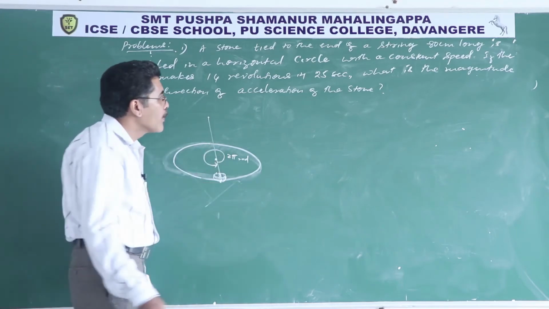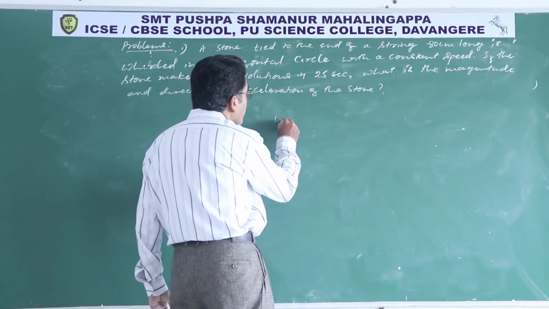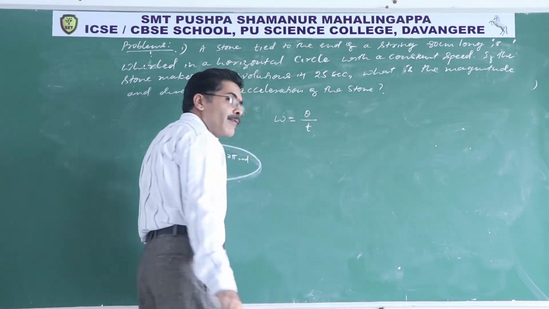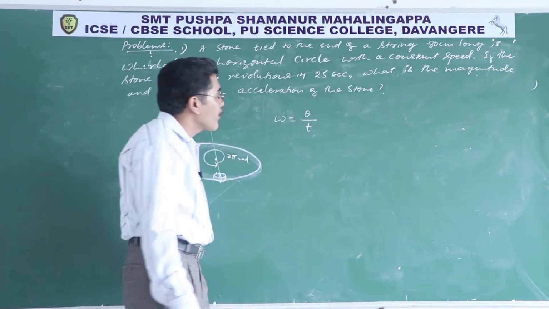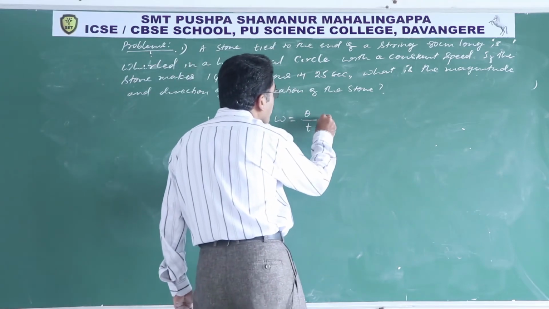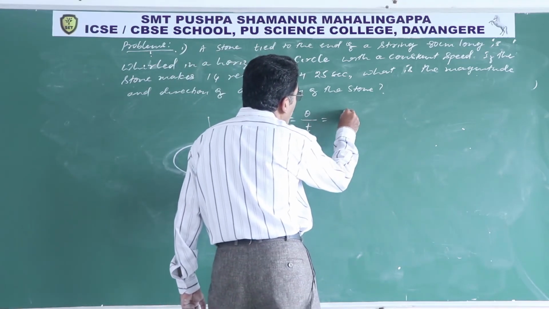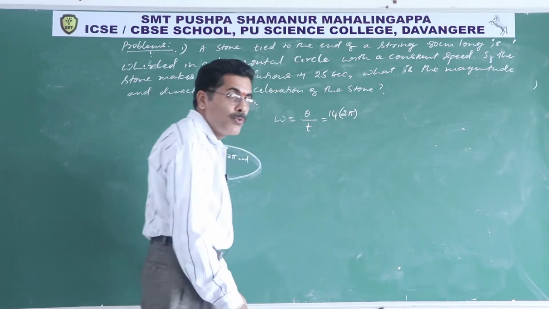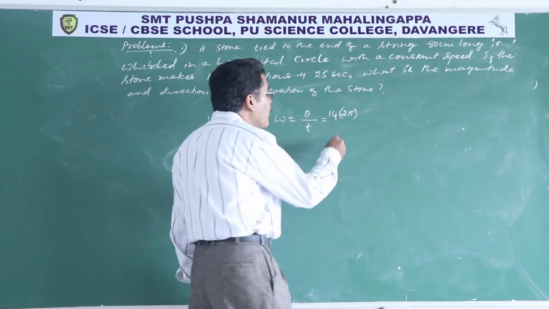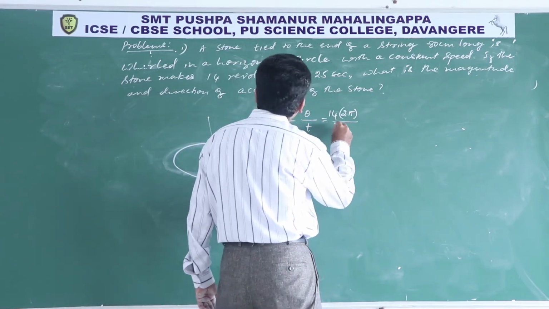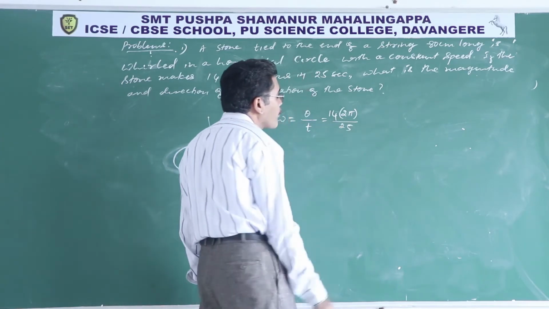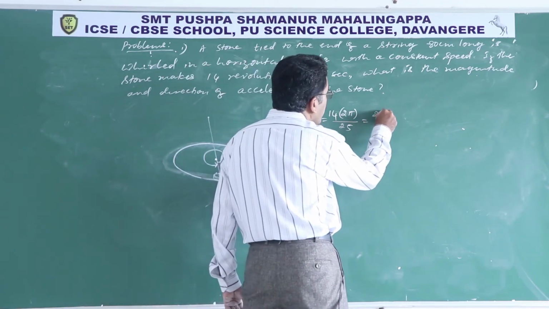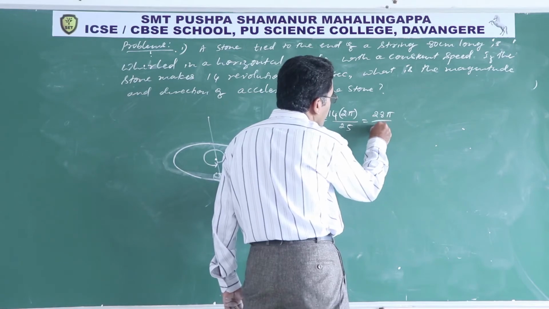We know that omega is equal to angle divided by time taken. The angle swept for one rotation is 2 pi, for 14 rotations, 14 into 2 pi. The time taken is 25 seconds. So you are going to get 28 pi divided by 25.